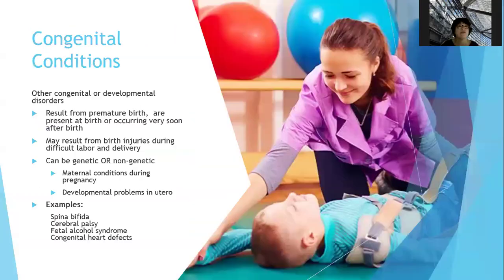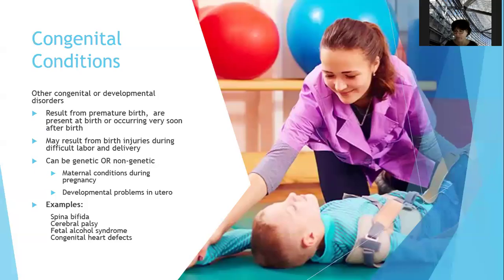I love complicated stuff. So congenital conditions or sometimes developmental disorders can result from premature birth. They are present at birth or occurring very soon after birth. So many result from birth injuries during difficult labor and delivery.